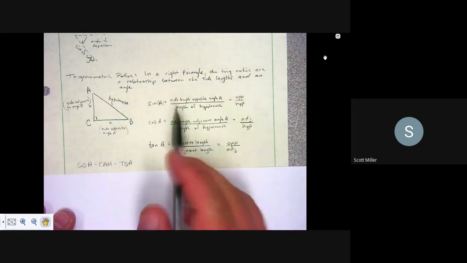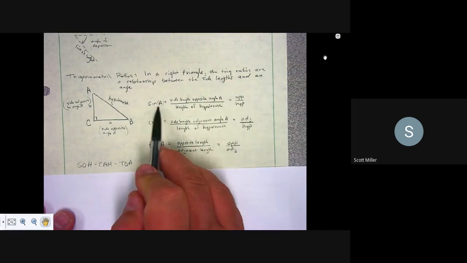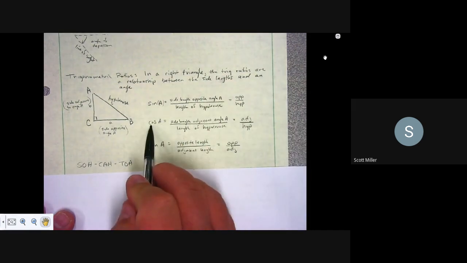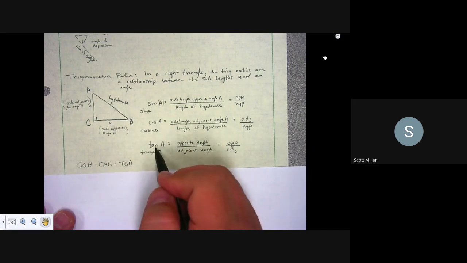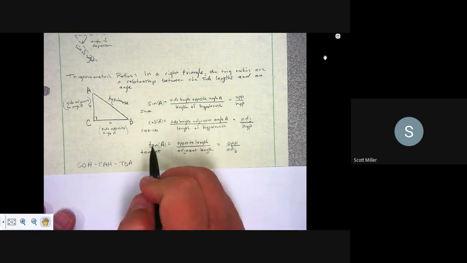Okay? So this is the sine of angle A. This is called the cosine. I'll write the word here. Here's the sine. This is the cosine. And this is the tangent. So that's what you say. Don't say tan, don't say cos. It's the cosine of angle A, and these should be in parentheses, and the tangent of angle A.